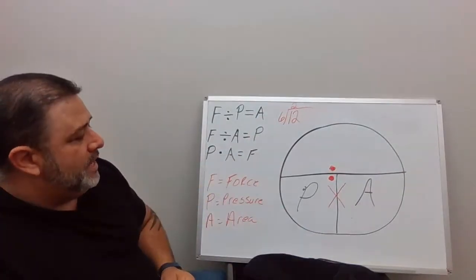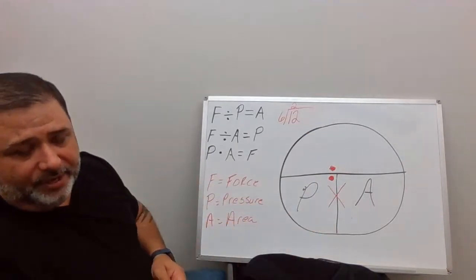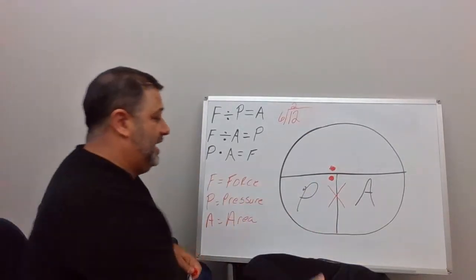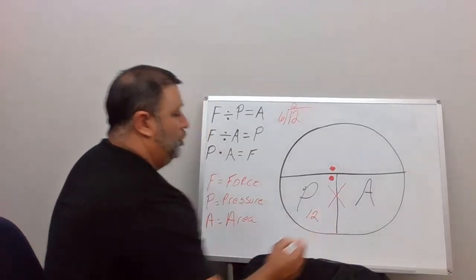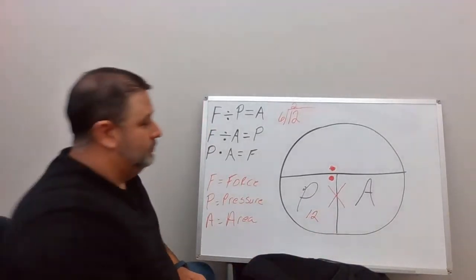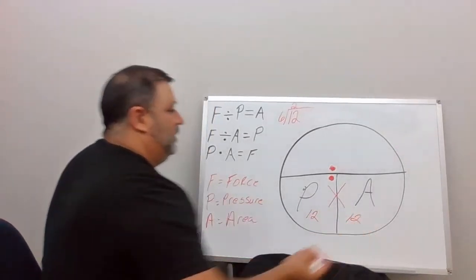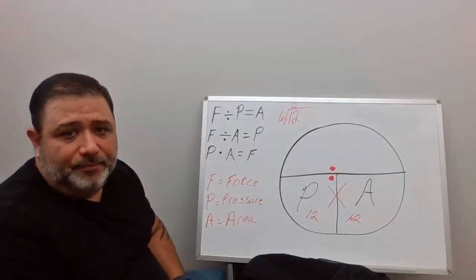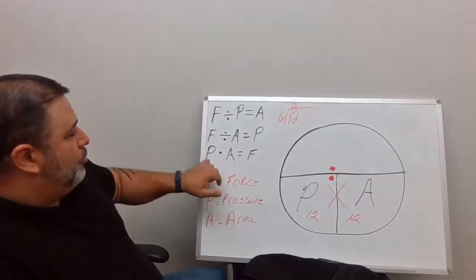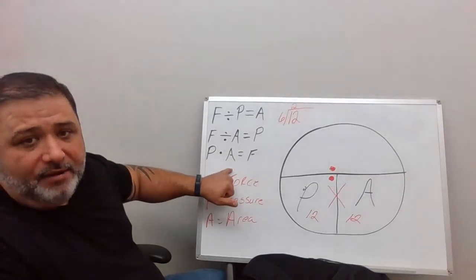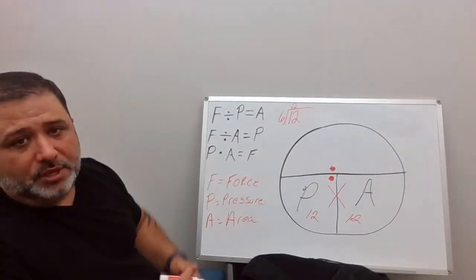So, how much force do we have here? If we know we have, say, 12 pounds of pressure, and we have 12 inches of area. You see here, pressure times area equals force.